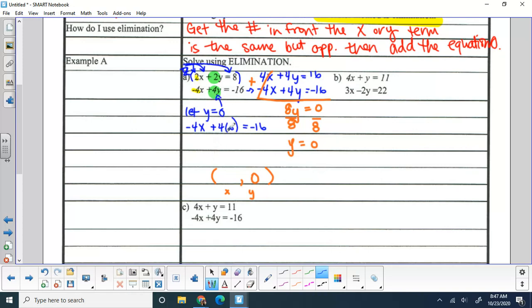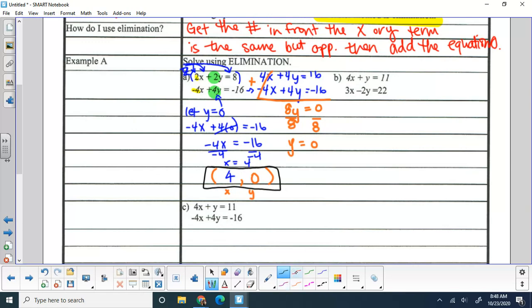Well, 4 times 0 is 0. So really, I have negative 4x equals negative 16. And dividing both sides by negative 4 gives me a final answer of x equaling 4. So now I have solved for my x value. My final answer, or my solution to this problem, is going to be 4, 0.